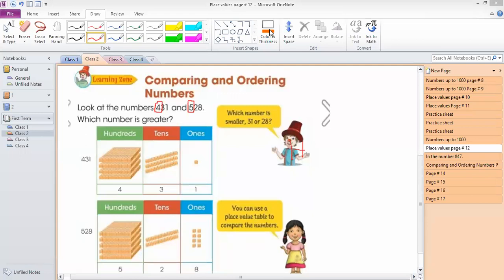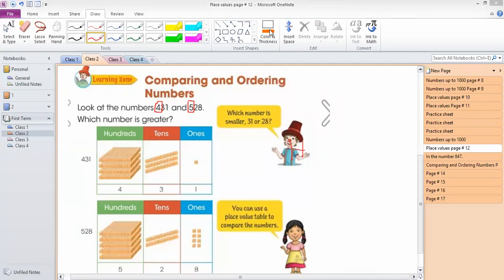That's why the value 400 is less than 500. So I can easily say that 431 is smaller than 528, or I can also say that 528 is bigger than 431.